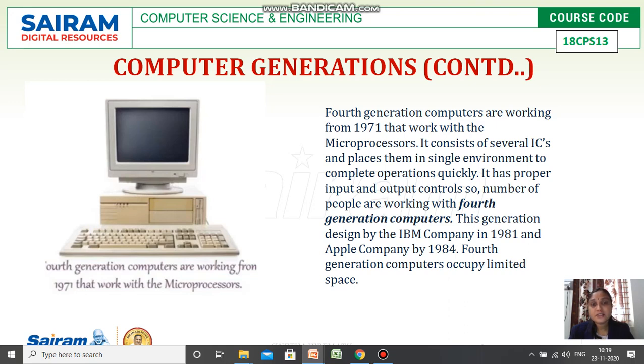In the third generation, a single semiconductor silicon chip consisting of semiconductor cells was used, but here more than one microprocessor was used to ease the performance of a system, all placed in a single environment to complete the operations quickly. It has proper input and output controls, so a number of people are working with fourth generation computers. This generation was designed by the IBM company in 1981 and Apple company by 1984. Fourth generation computers occupy limited space. So this is one of the advantages of the fourth generation computer.